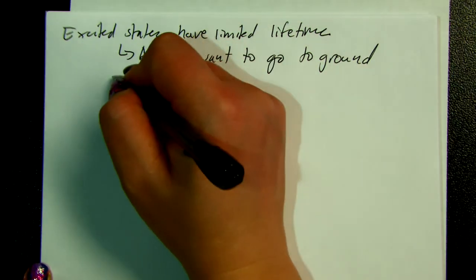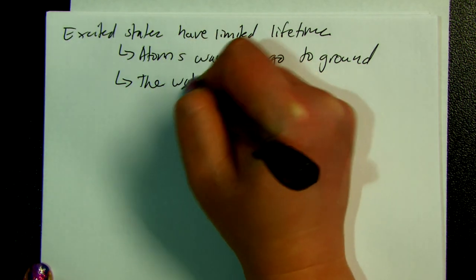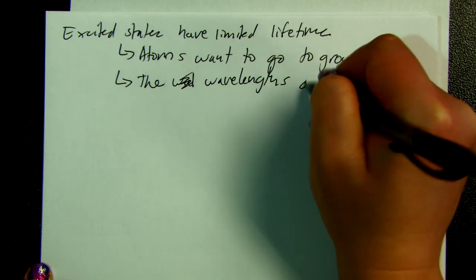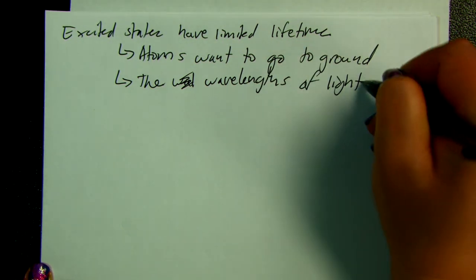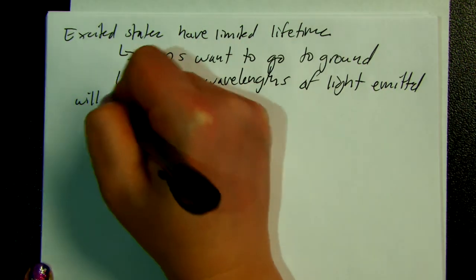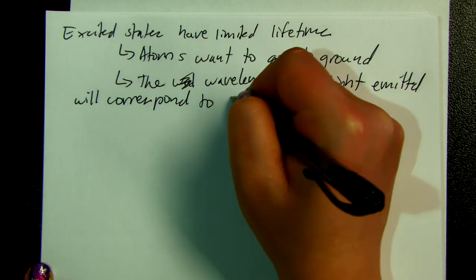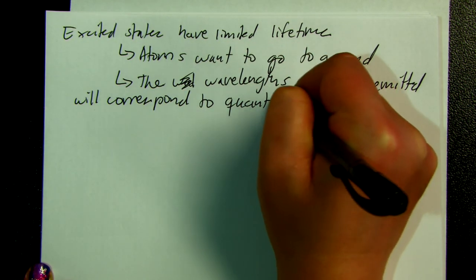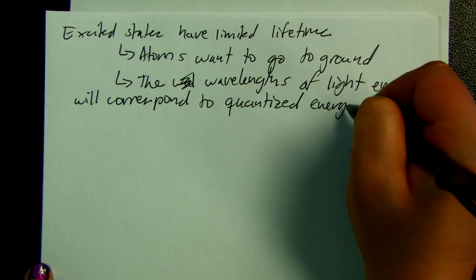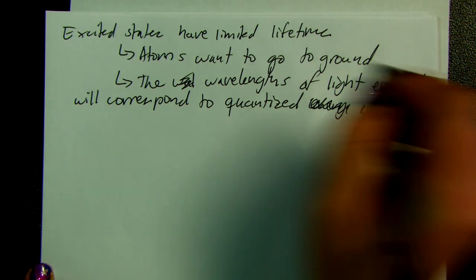So the wavelengths or energies emitted will correspond to quantized energy drops. So they can only emit particular wavelengths. I know I keep repeating this, but it's just really important to help internalize this idea.